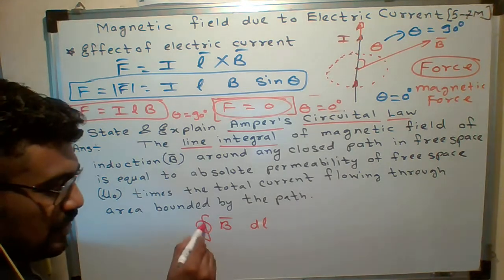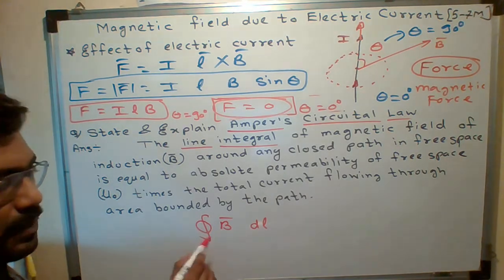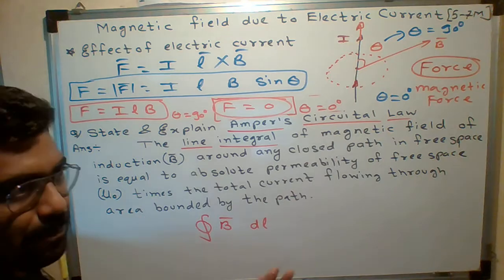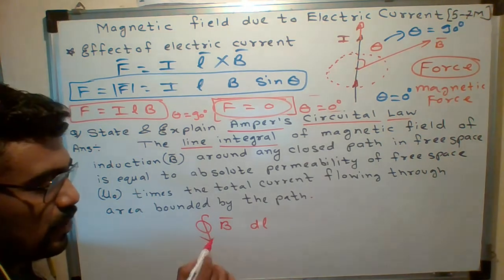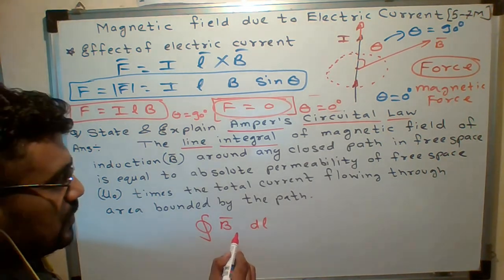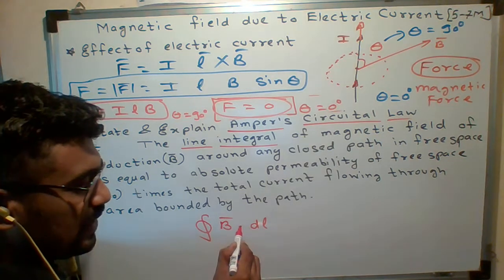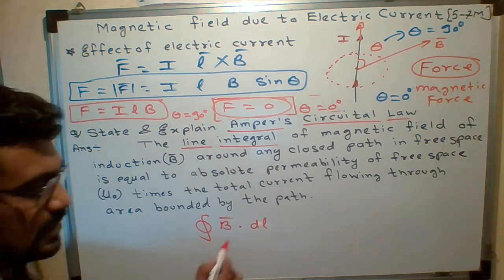This particular symbol stands for closed path. There is no gap, the path should be closed. When we take a closed path, we take the dot product.